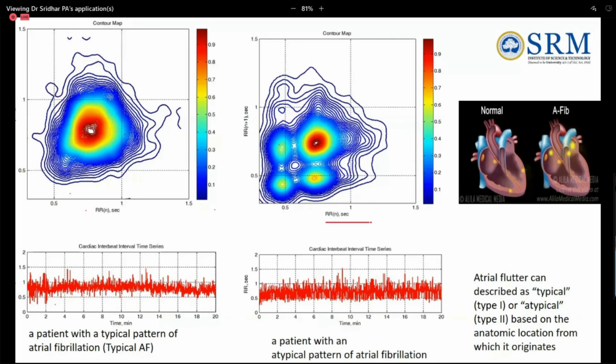So not just by looking at the graph, you can see the same inter beat interval time series. You can see the normal typical atypical flutter happens once or twice here. This is normal, but if any stress happens, that will change into a different zone where the activity will be analyzed.